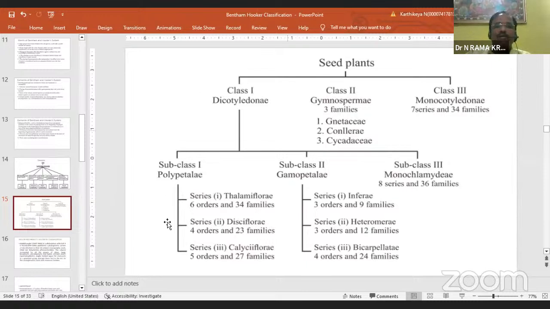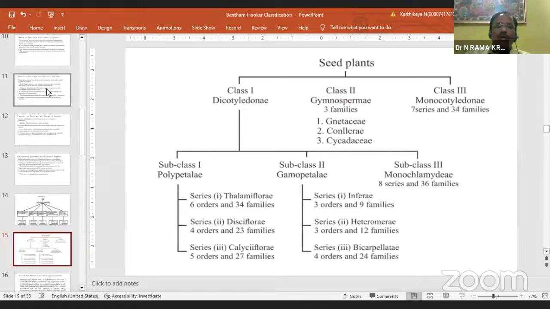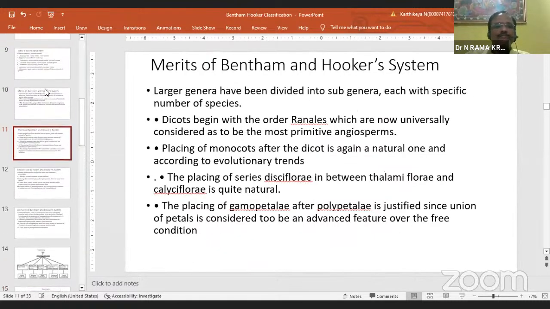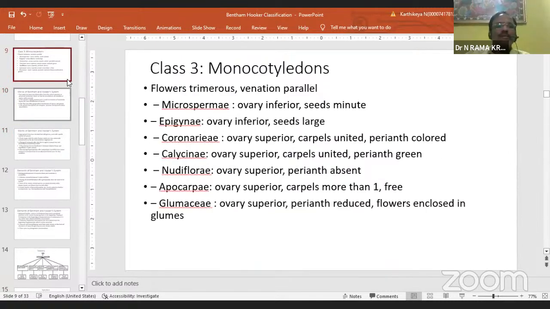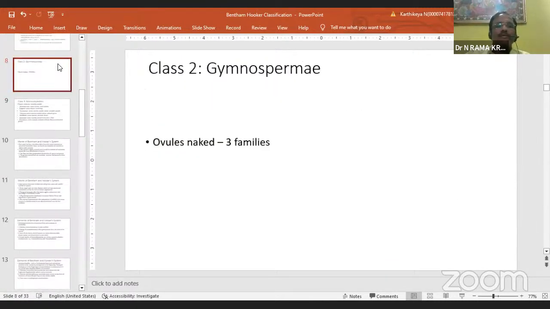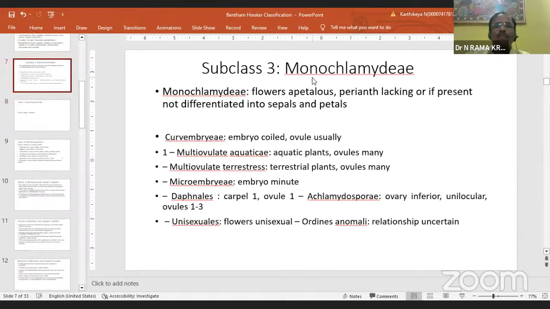So now you see, this entire group is dicotyledons. Is it clear now? Here I am telling about Monochlamydeae. See now here the flowers are apetalous.